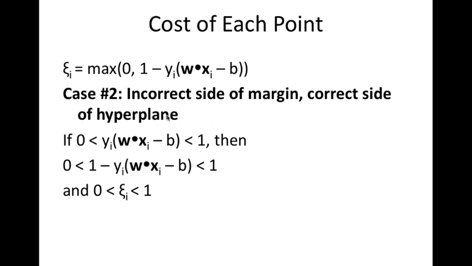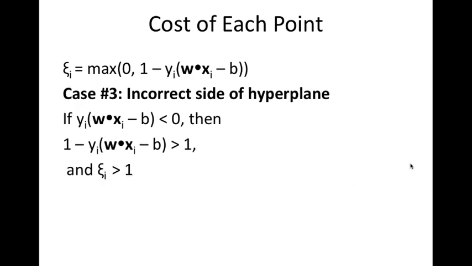Case 2, when this value is between 0 and 1, meaning 0 being on the correct side of the hyperplane but less than 1, meaning incorrect side of the margin, then 1 minus something between 0 and 1 is also going to be between 0 and 1. So xi will just be between 0 and 1. And then the last case, if this value is less than 0, then 1 minus something less than 0 is going to be greater than 1, because you're adding essentially a positive number at that point. So xi is just greater than 1.